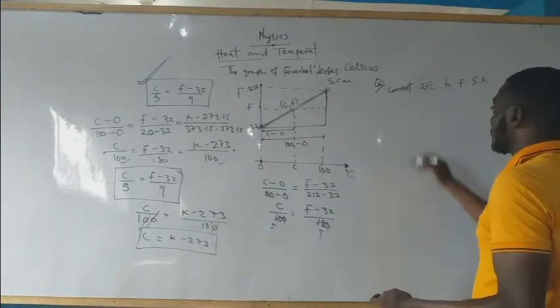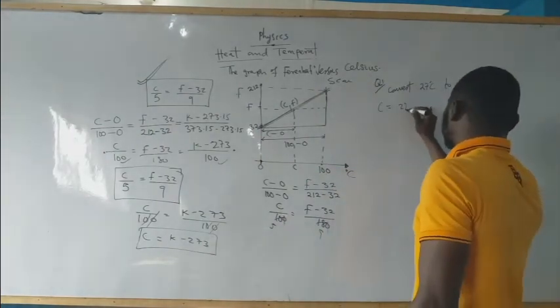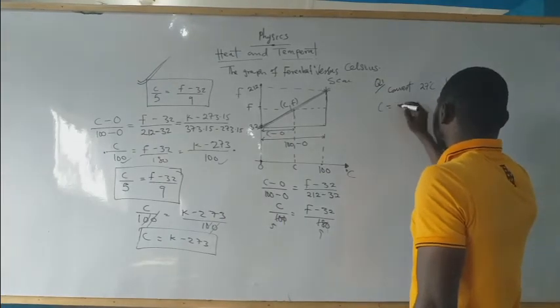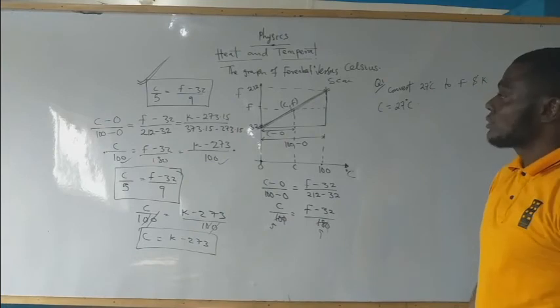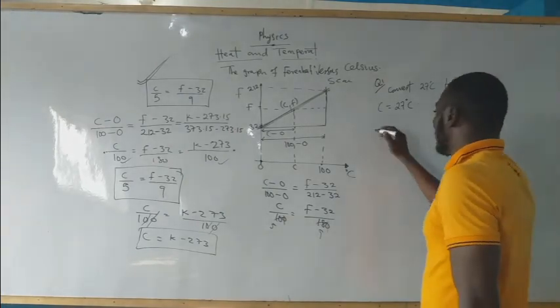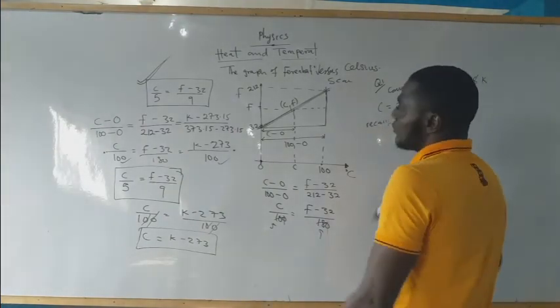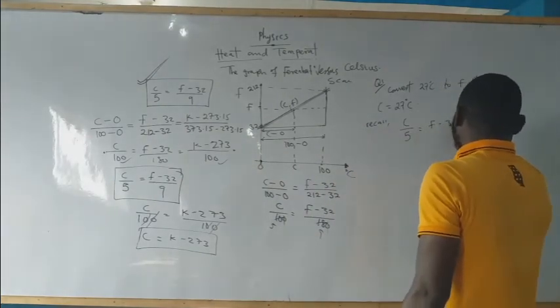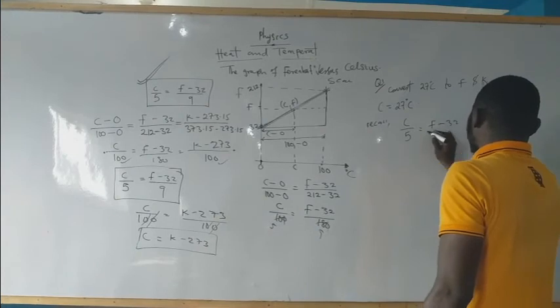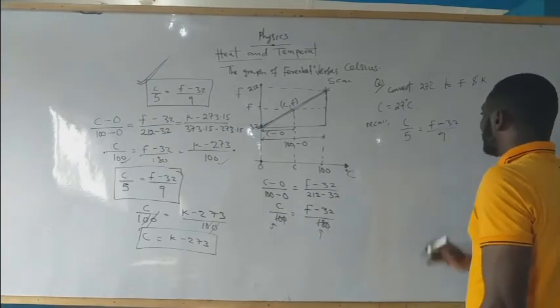Just apply the formula. We have C equal to 27 degrees Celsius. Recall that C upon 5 equals to F minus 32 upon 9. Yes or no? Yes.